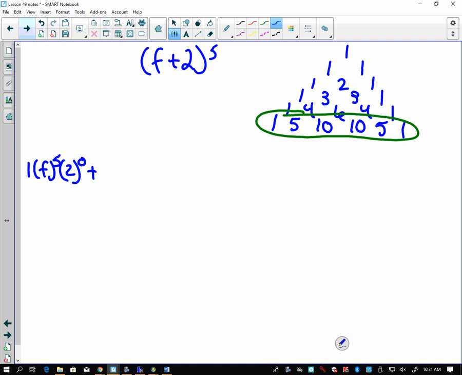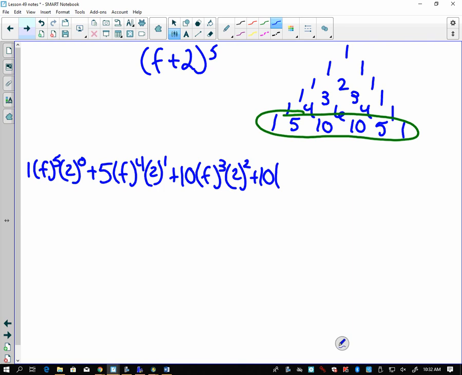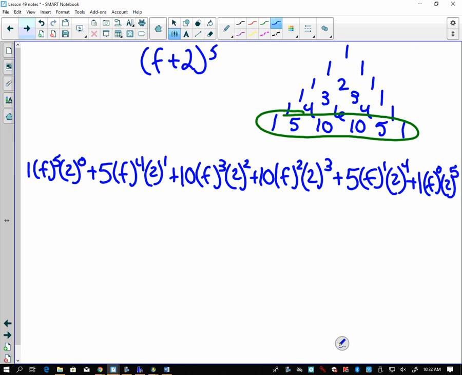0 plus what? 5. F to the fourth, 2 to the first, plus 10, F to the third, 2 to the second, plus, okay, F to the second, 2 to the third, okay, plus 5, okay, 2 to the fourth, plus, still ran out of space.